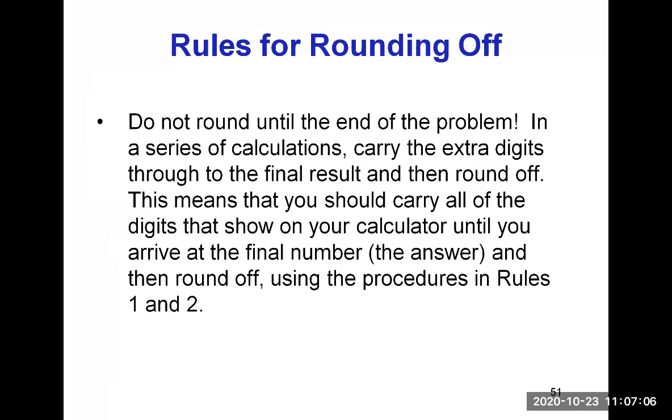In a series of calculations, carry the extra digit through to the final result and then round off at the final result only. This means that you should carry all the digits shown on your calculator until you arrive at the final number, the answer. And then you round off using the procedures in rules 1 and 2 that we just saw in the previous slide.